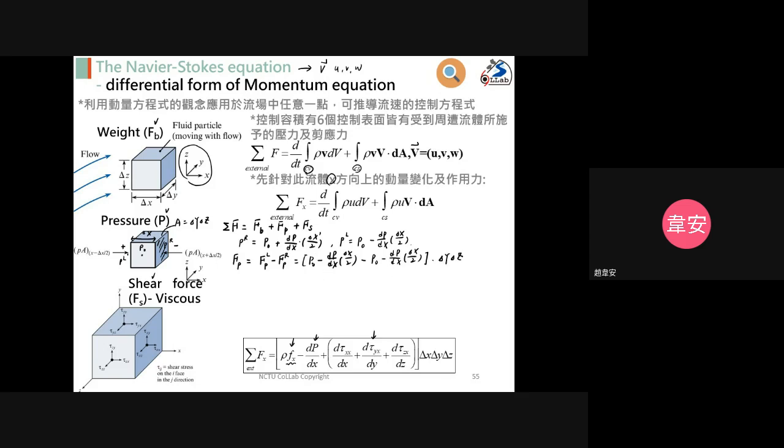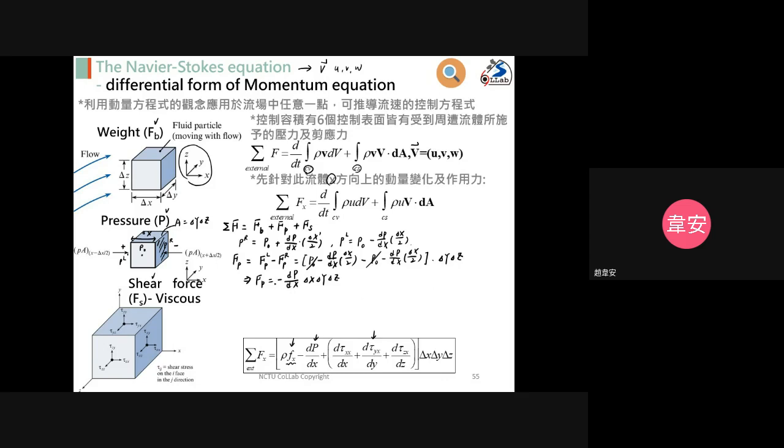So you see, based on this equation, the P0 can cancel out. So finally, the pressure force is equal to minus dP/dx multiplied by delta x, delta y, and delta z.